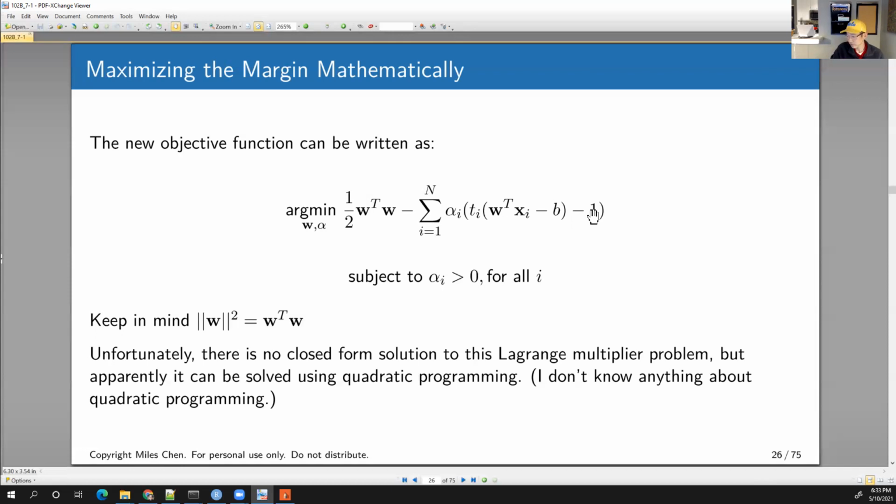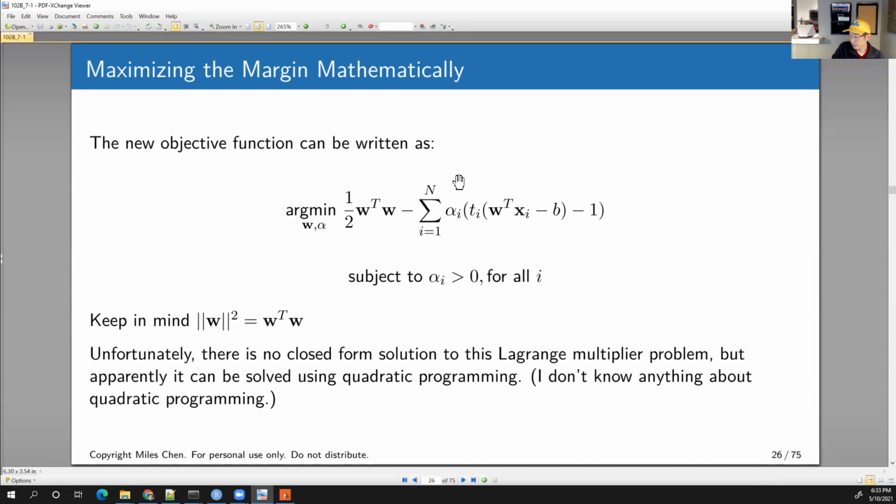And here we have this other constant alpha. This is a thing that shows up with the Lagrange multipliers, but they have to be positive. We can't cheat and suddenly make them negative.